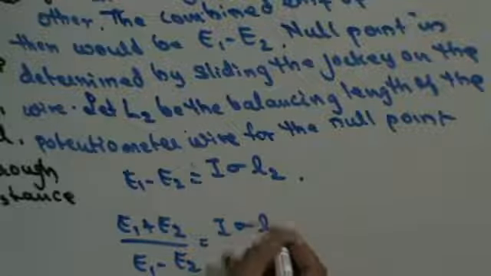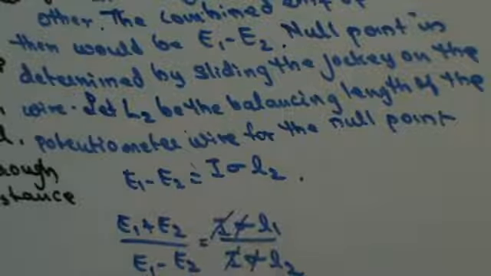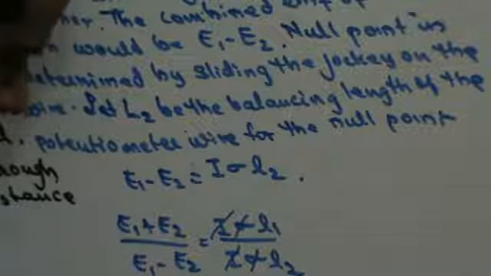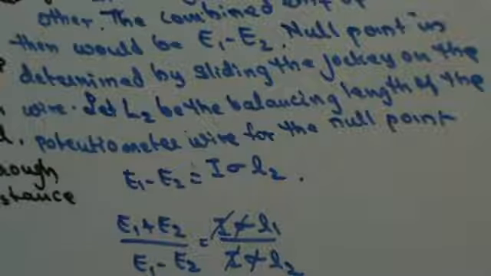nothing but I times sigma L1 upon I times sigma L2, right? I and sigma gets cancelled. Now if I apply componendo and dividendo, I'll be able to say that E1 upon E2 is L1 plus L2 upon L1 minus L2.